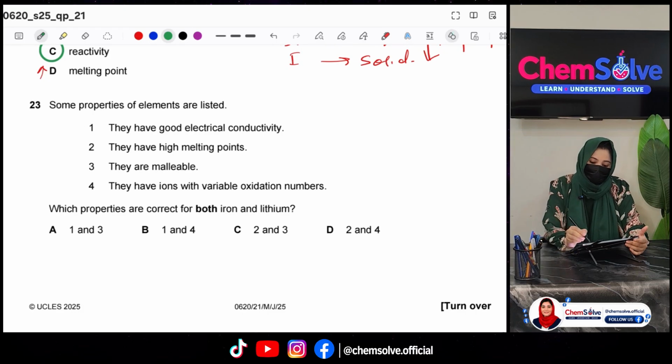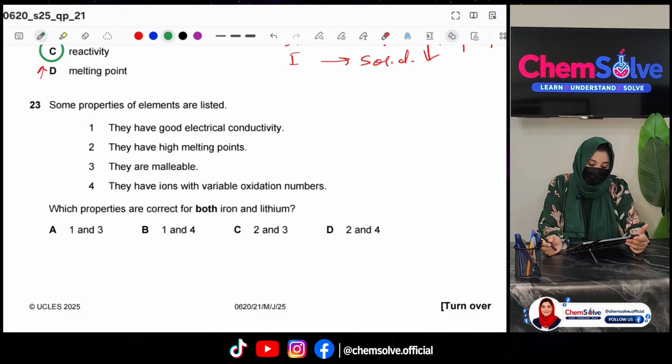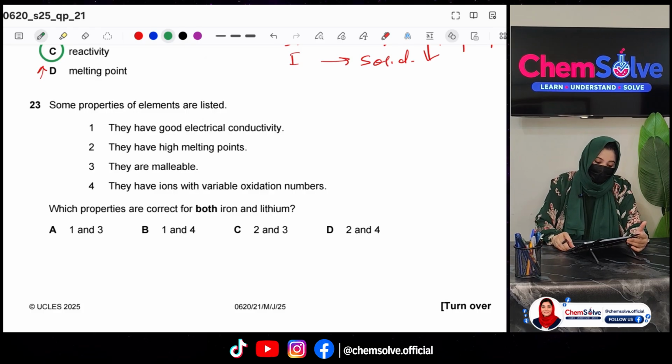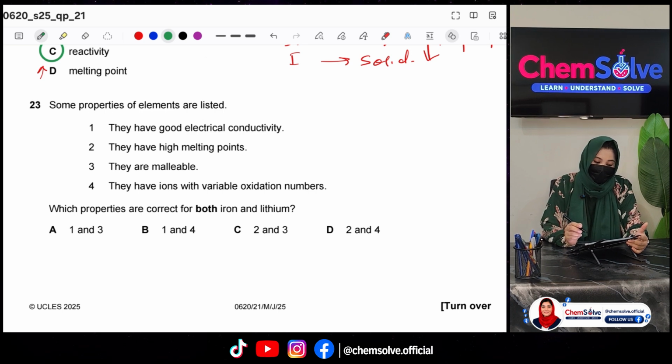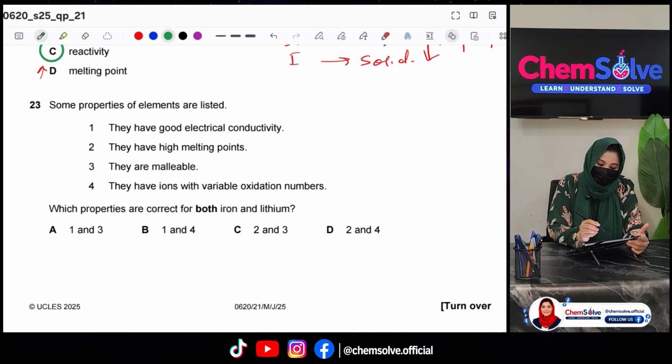Question number 23. Some properties of the elements are listed. Some of the properties are given here, and we have to choose which property iron and lithium both have. Just look at the options. They have good electrical conductivity.